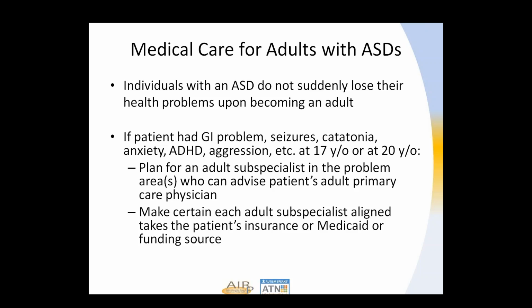If they had GI problems or seizures or ADHD or aggression problems when they were 12 or 17 or at 20, they're going to probably continue with them. So as we work on transitioning them to adult care, we need to try to plan for an adult subspecialist who can advise the patient's adult primary care physician on how to manage these.